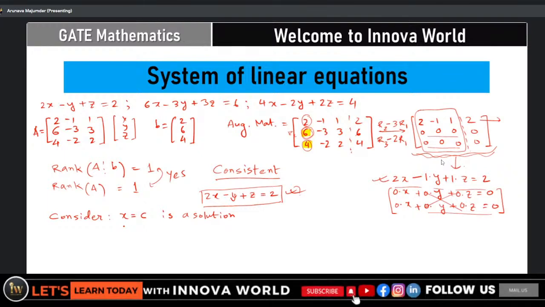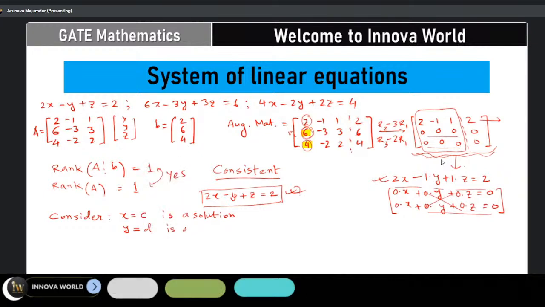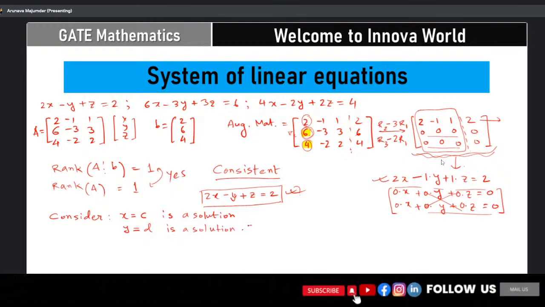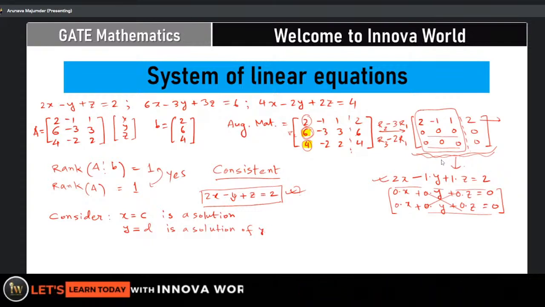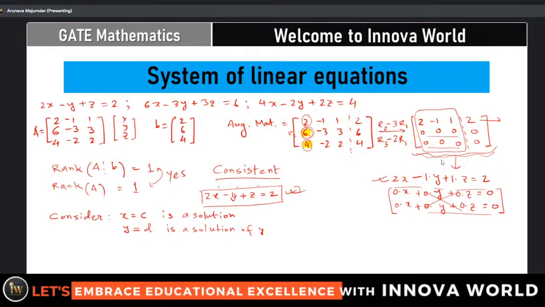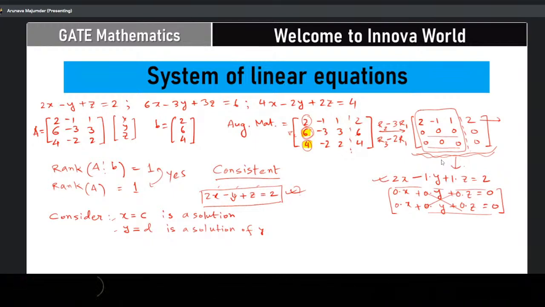Now, since there is only a single equation, you have to consider a value for another variable. Let us suppose y equal to d is a solution for y. So these two solutions are considered. Since the number of variables is 3 and the number of equations is 1, you have to consider predefined values of any two variables, either xy, yz or xz.